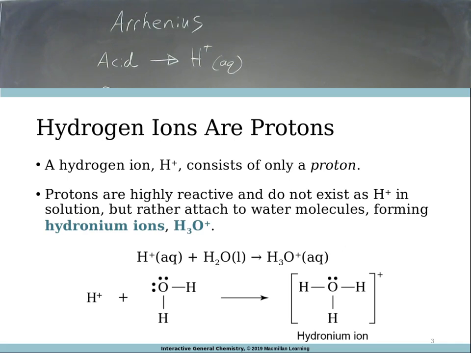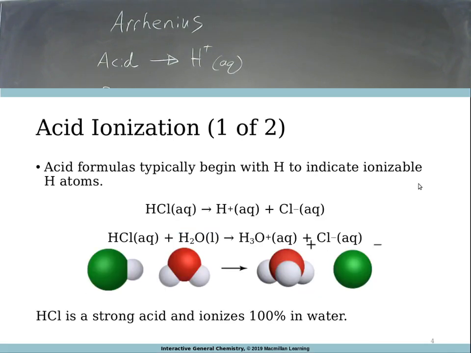So let's talk a little bit about acids. Here we have HCl, and here are the two different ways to write how HCl will dissolve into water. On top here we have HCl dissociating into H+ and Cl-, but we know H+ is a bit of a lie, and so perhaps a better, or at least a more accurate, way to write this would be HCl plus water, and it's going to produce H3O+, that hydronium ion, and Cl-.